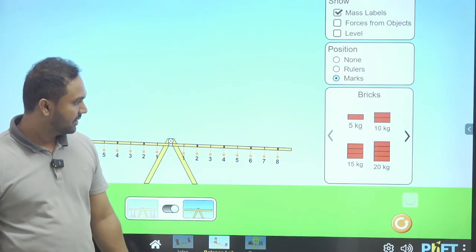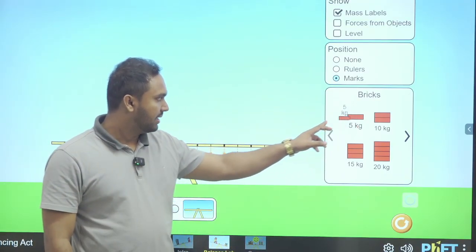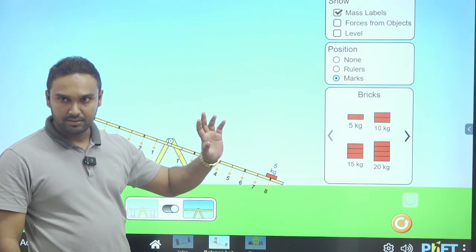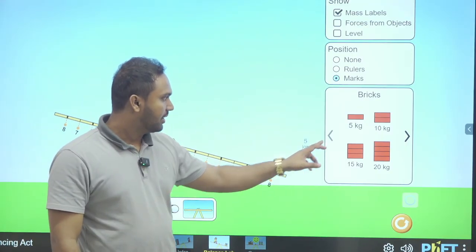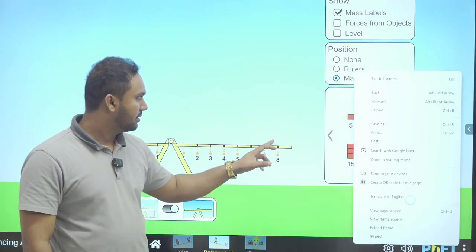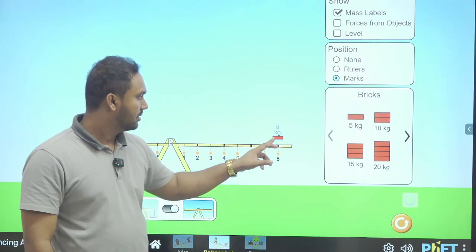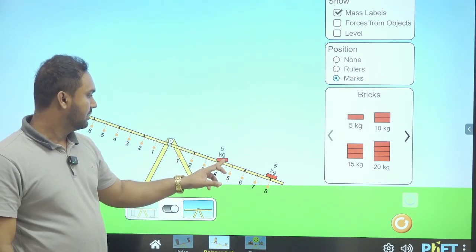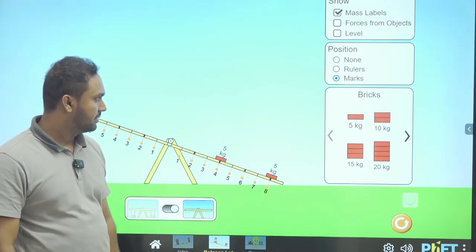Look at this. I'm adding only one weight, so it is moving like this, right? Now I'm going to add two weights, but I can't add them together, so I'm going to do something like this. I'm going to add one weight like this, and the other one like this, 8 and 4.